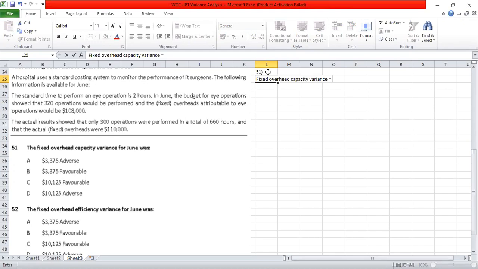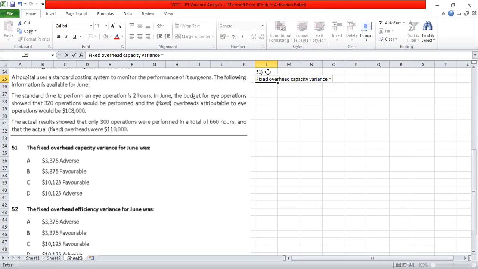What capacity are they talking about basically? Well, the set of information we have: the standard time to perform an eye operation is 2 hours. The budget for eye operations showed that 320 operations would be performed, and the fixed overhead attributable to eye operations would be 108,000. But how many operations were taken up?